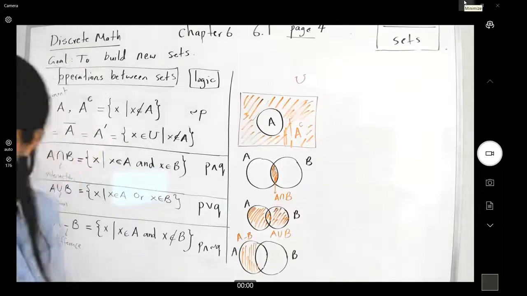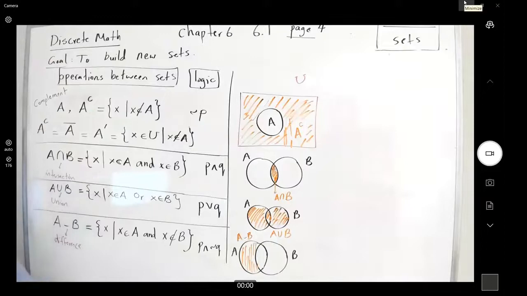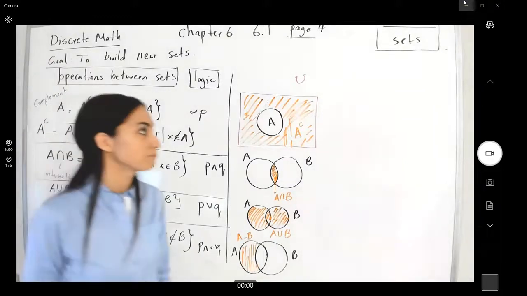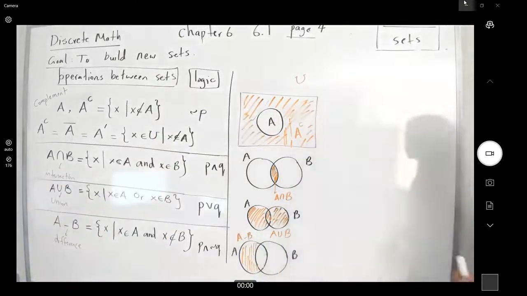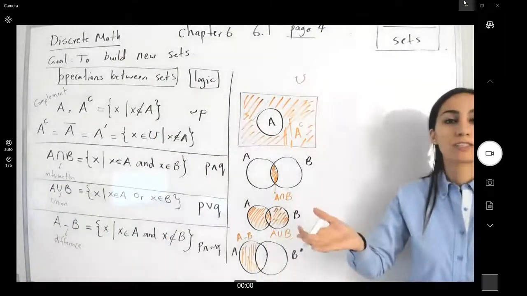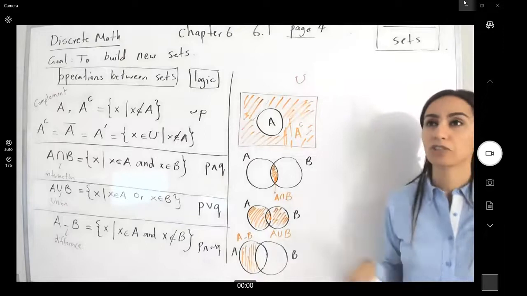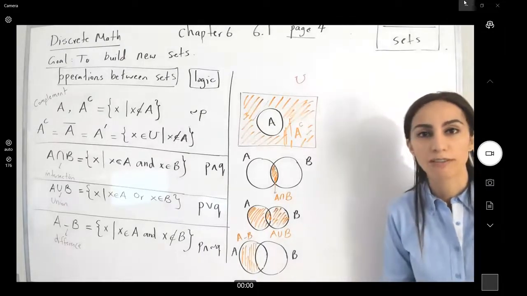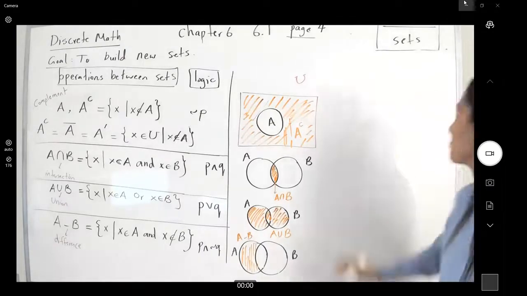Well, can we have sets with no intersection between them? Let me ask you this. What is the intersection between rationals and irrationals?